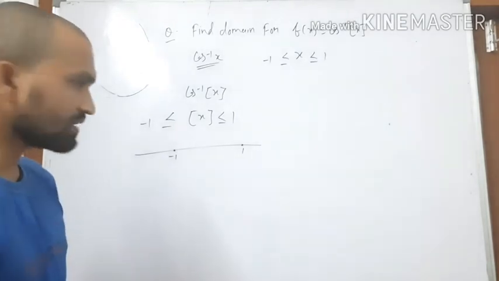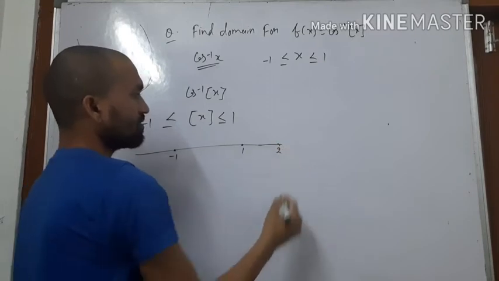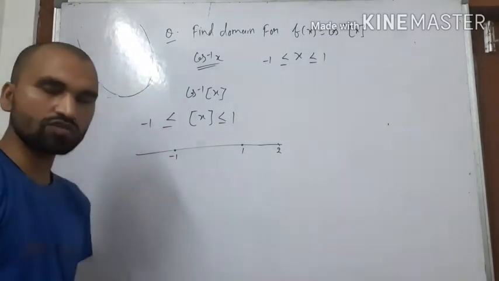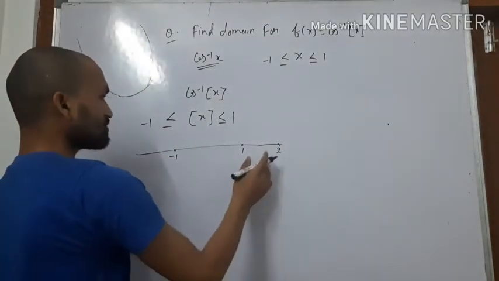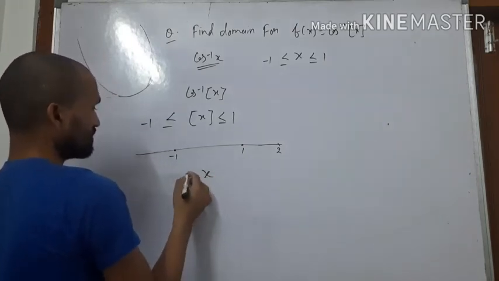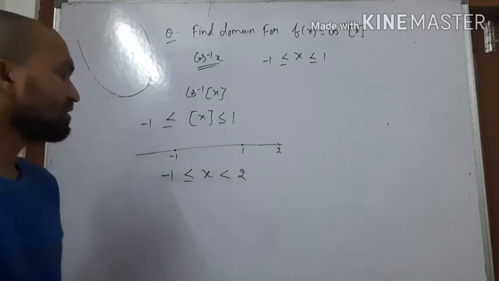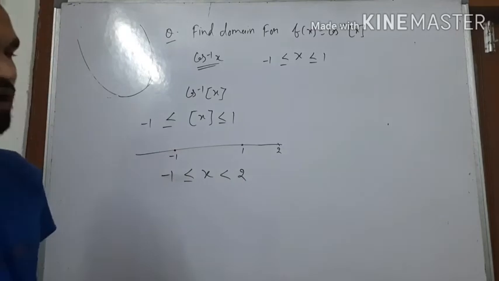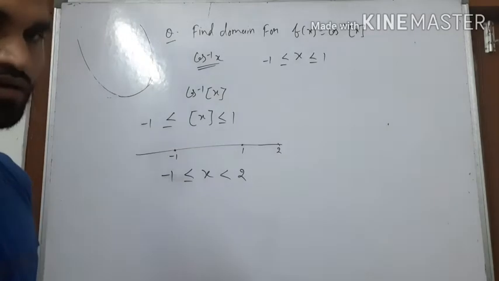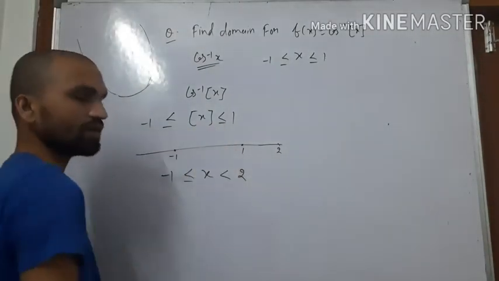Okay, it means our x will go up to before +2 and down to -1. So x should be greater than or equal to -1 and less than 2, because for all values of x from -1 to the open interval +2, the greatest integer will be from -1 to +1.